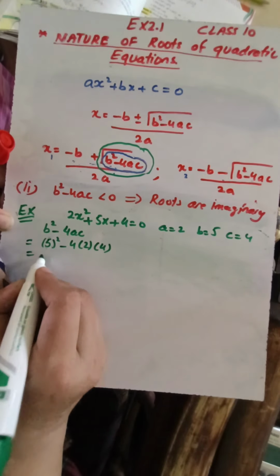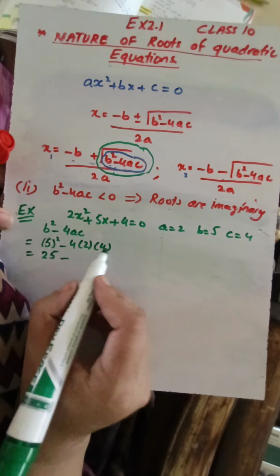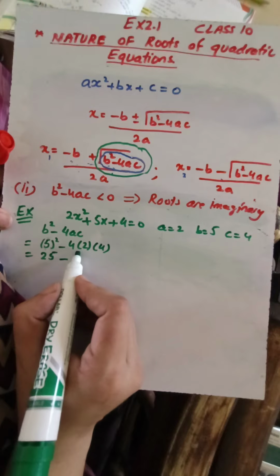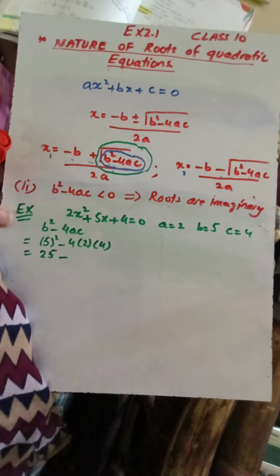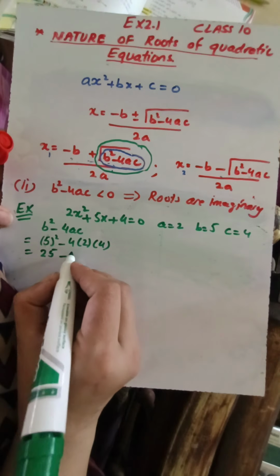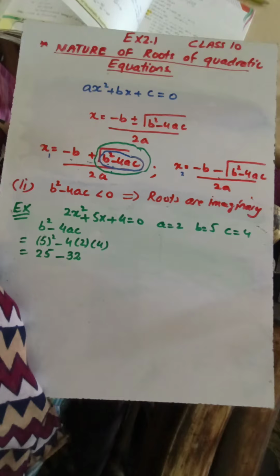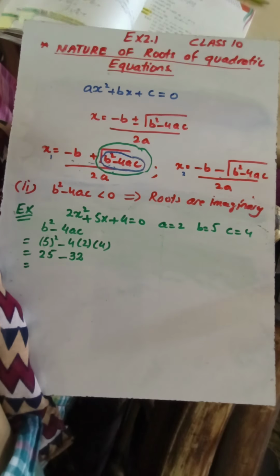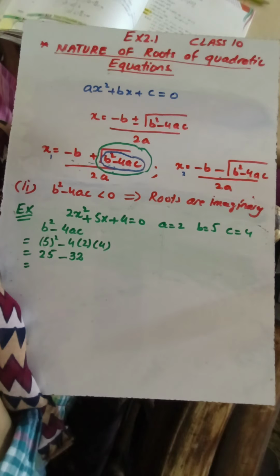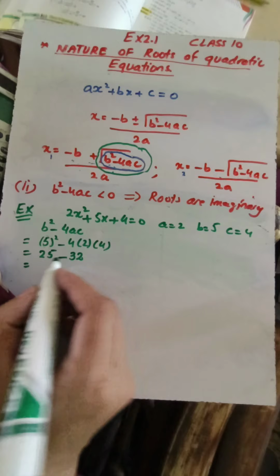Over here what do we get? This is 25 minus, and 4 4s are 16, and 16 into 2 will be 32, while 25 minus 32 will be, I think it's negative 7. 25 minus 32, yes, it's negative 7.